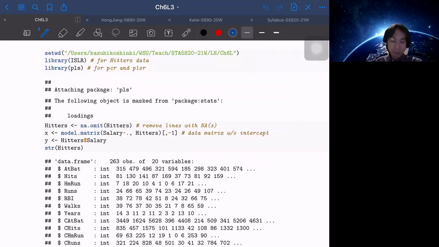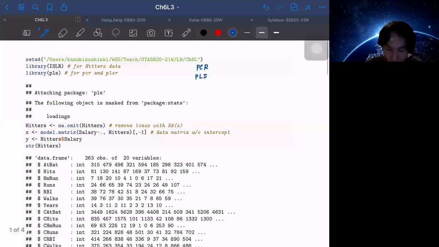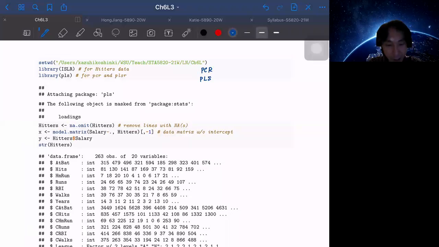Okay, so remember that we have studied several dimension reduction methods. One is principal component regression, and the other is partial least squares. Both are similar in terms of the idea. We want to summarize the information by a lower dimensional space.